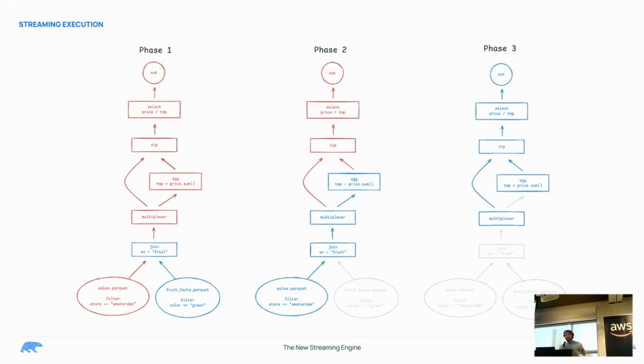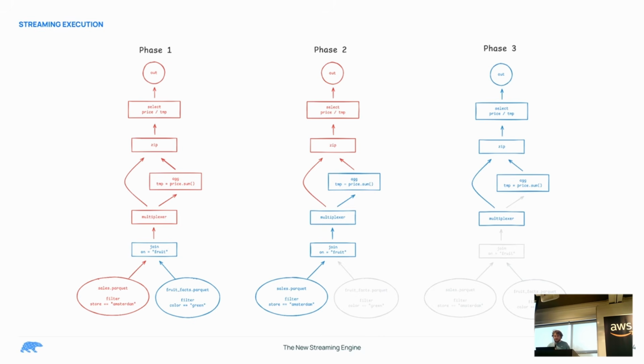Once the join has seen all the data it needs to build the hash table, the second phase will start, and data will flow from the sales parquet file, already filtered on the store. It will perform the join with the fruit facts to create more data, and that might create a lot of data, but it will only be in very small incremental batches rather than one giant intermediate result.